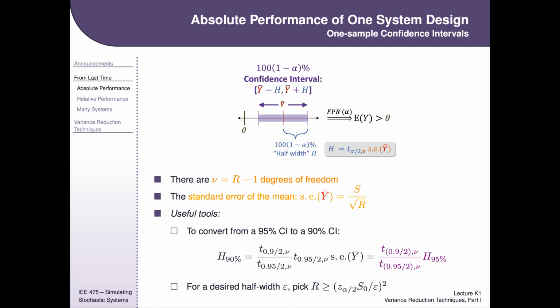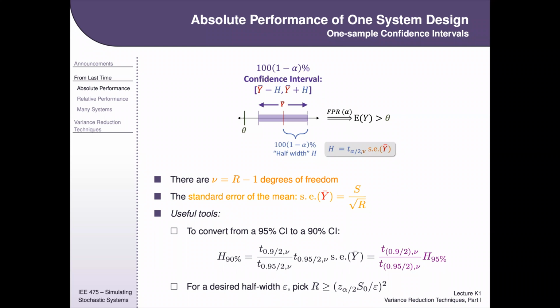Well, now you know that if I've run a pilot study with a certain standard deviation, I now have a formula that allows me to say, based on the standard deviation I've estimated from my pilot study, and the 1 minute half-width that my boss has given me, I'm going to need roughly 100 replications in order to come down to the sensitivity that my boss wants me to estimate this performance with.